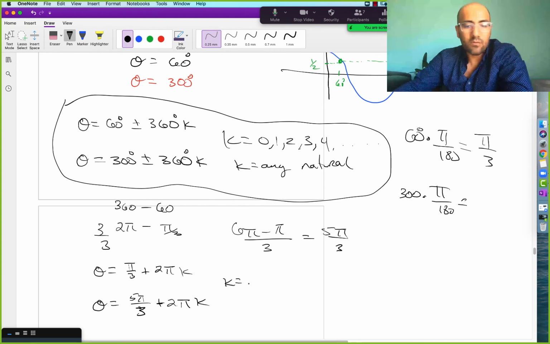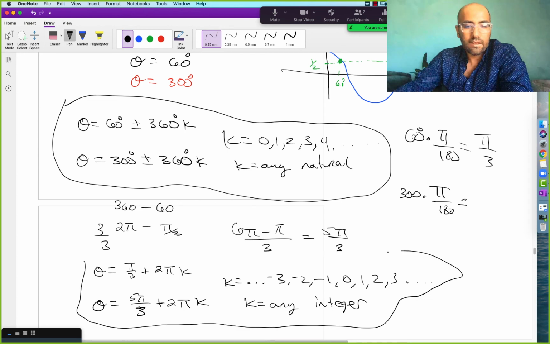So k could be -3, -2, -1, 0, 1, 2, 3, and so on, otherwise known as any integer. K equals any integer. And that's how we would write it in radians.